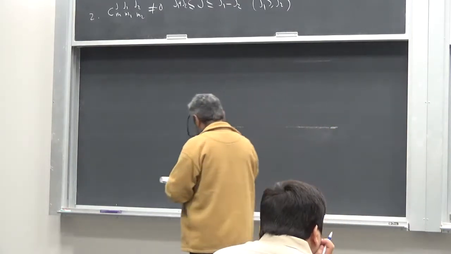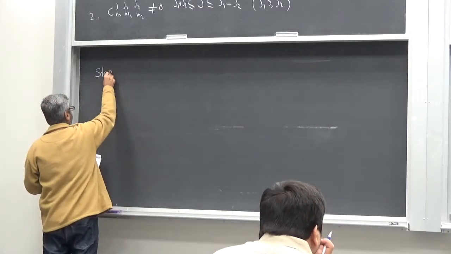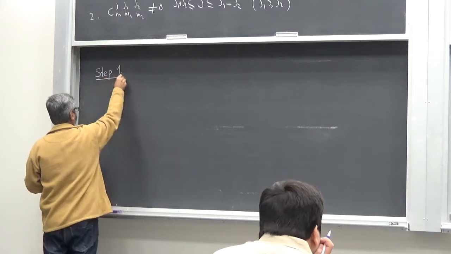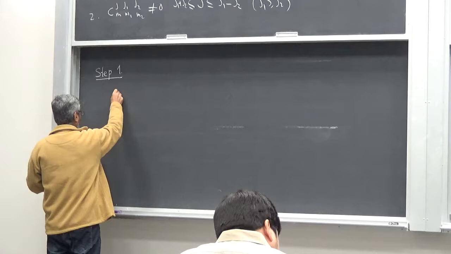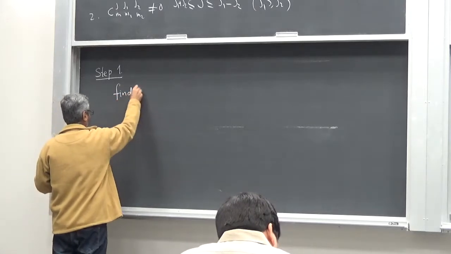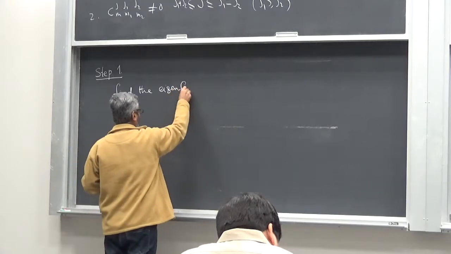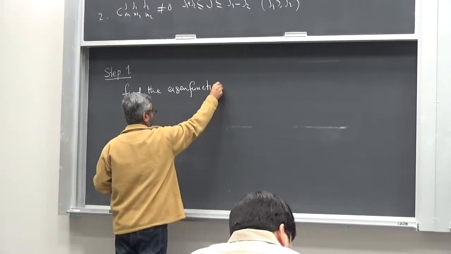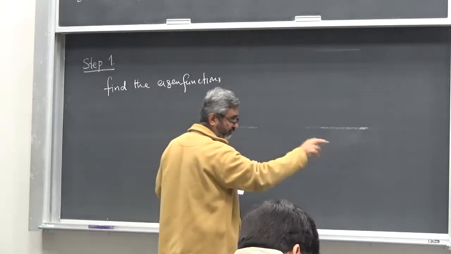Okay, so the first step, let me just write these down again. We've done this many times, but step one is: find the eigenfunctions or eigenstates, in this case eigenfunctions because we've been given wave functions.